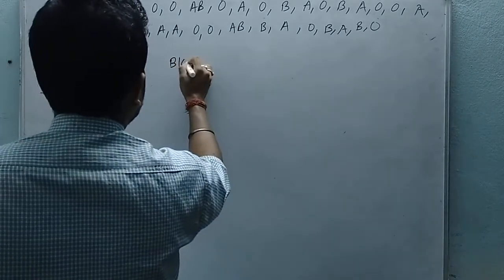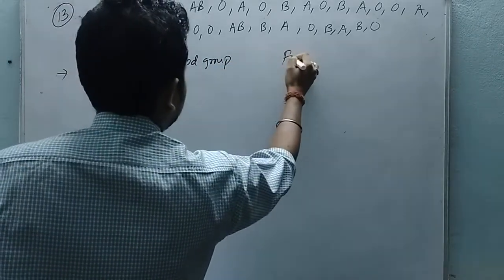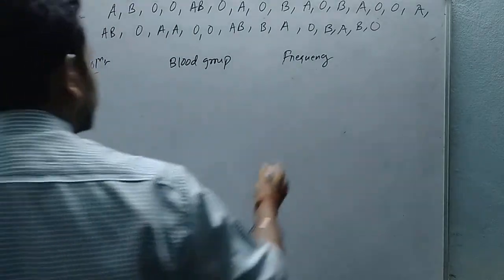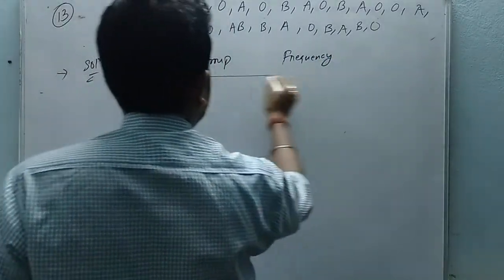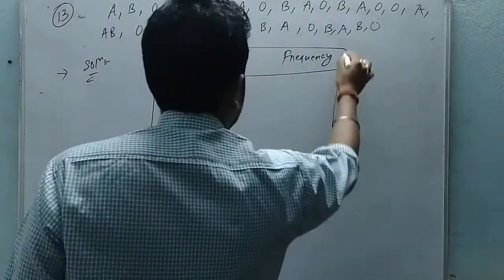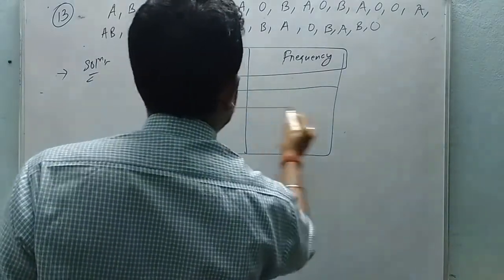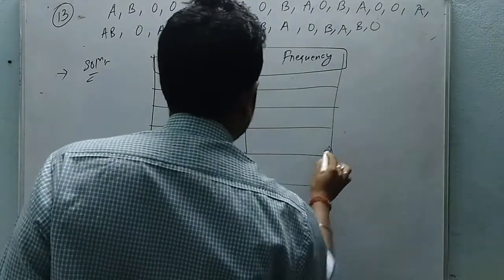Make the chart: blood group and frequency. One, two, three, four, and now the total.